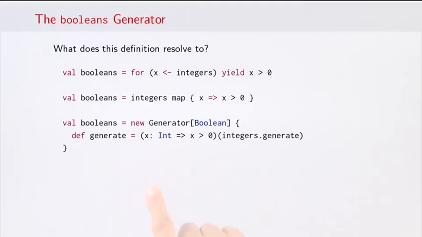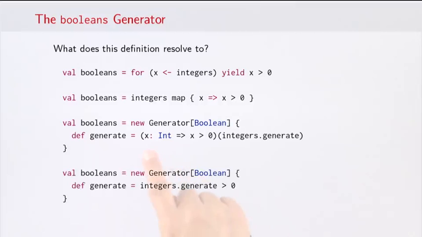It would say, well, the function f, that's this closure here, and you see it here, gets applied to the generate method from the random number generator on the left-hand side of the map, the receiver of the map. And that, of course, can be simplified by just doing a so-called beta reduction. So we apply the function to the argument and we reduce it in one step to what you see here. So that's exactly the generator for booleans that we started with.